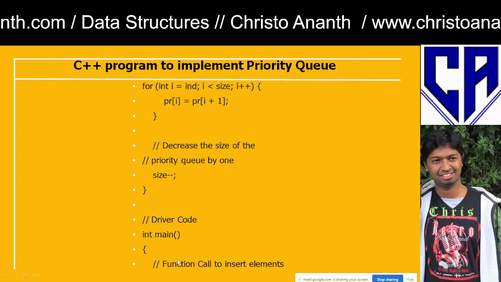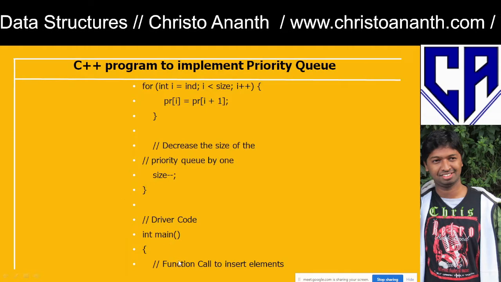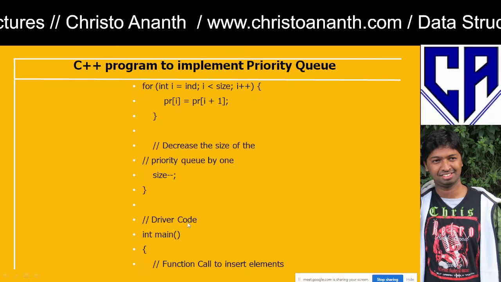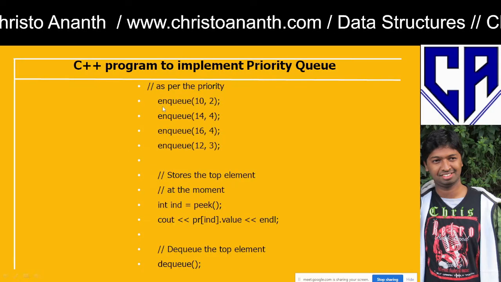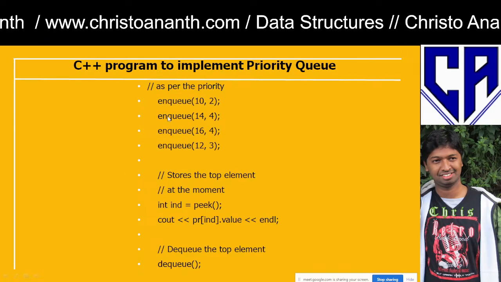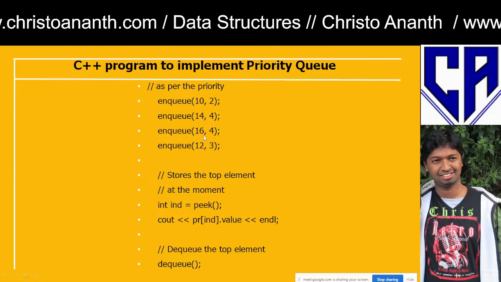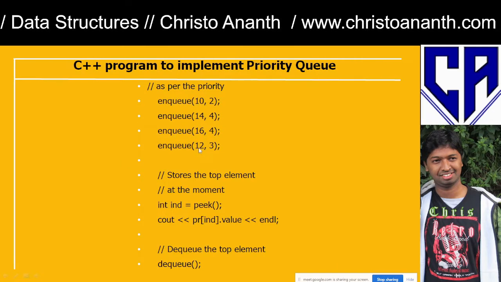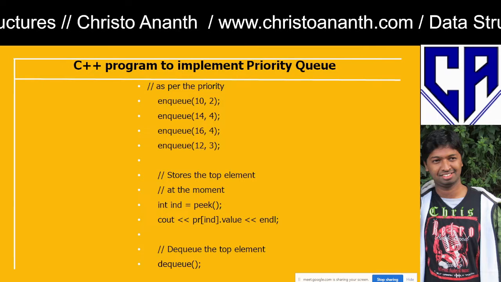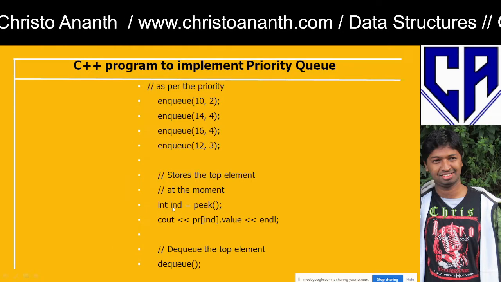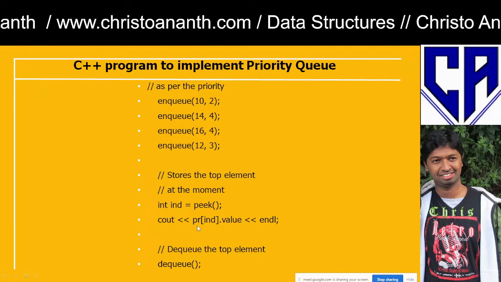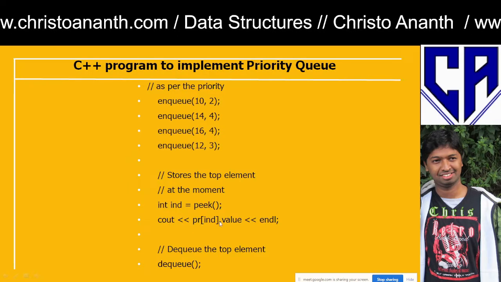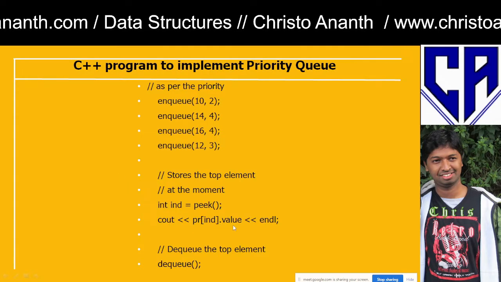You have the int main function, which will have function calls to insert the elements. So you have enqueue(10, 2), enqueue(14, 4), enqueue(16, 4), and then enqueue(12, 3). It is going to store the top element at the moment, with int ind equal to peek. Cout pr[ind].value.